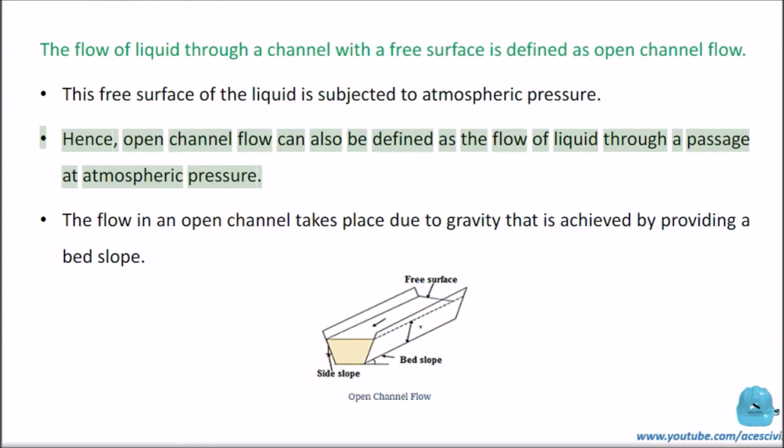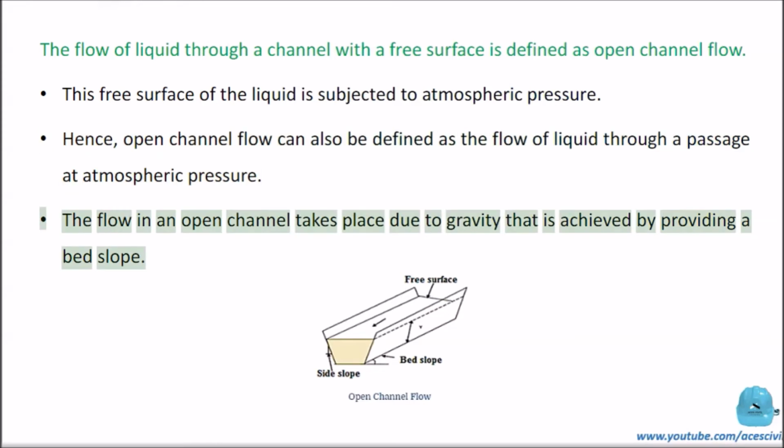Hence, open channel flow can also be defined as the flow of liquid through a passage at atmospheric pressure. The flow in an open channel takes place due to gravity that is achieved by providing a bed slope.